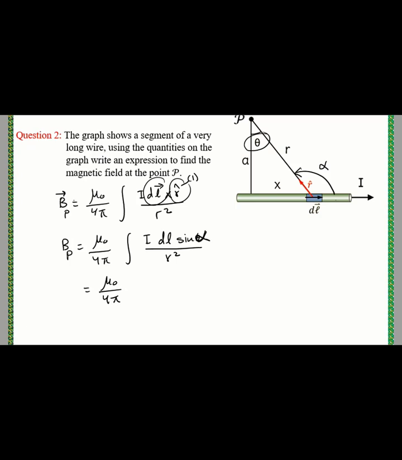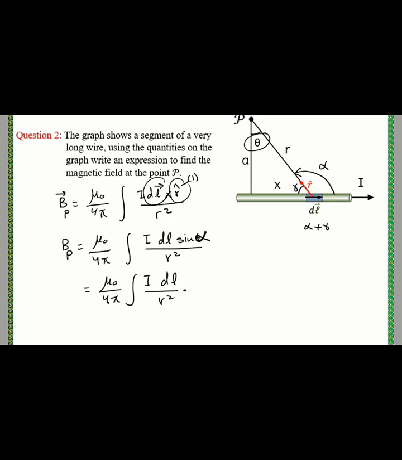Mu naught over 4 pi. I is constant. If it is not constant, you should write the formula of it. dl over r squared. Now for sine alpha, it is the same as sine gamma because they add to 180.